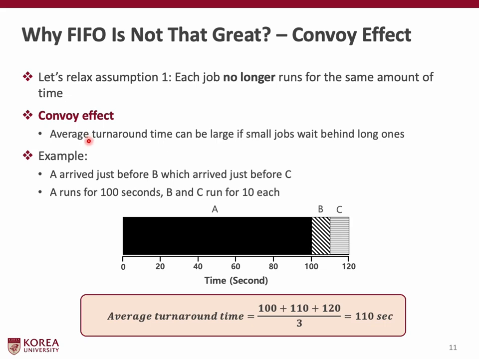In this problem, a long job at the front holds up all the shorter jobs behind it, dragging down overall performance. So, in real systems, this can lead to poor responsiveness and inefficient CPU use, especially if many small, interactive jobs are stuck behind big ones.